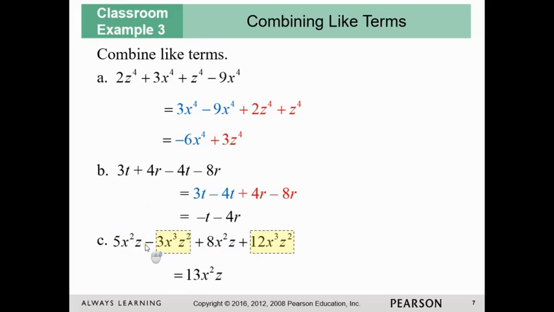And then these other x cubed z squared terms can be combined. So negative x cubed z squared, negative 3x cubed z squared plus 12x cubed z squared gets us to 9x cubed z squared. We're just combining like terms there.